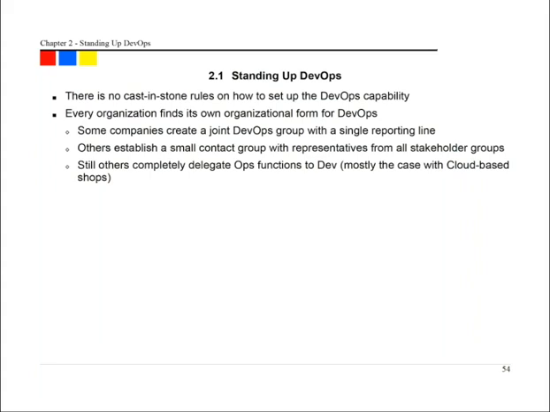And a key part of starting up DevOps practices is to recognize that there is no standard formula for starting up DevOps capabilities inside an organization. Every organization finds its own way of doing DevOps, and the slide talks about that in terms of organizational forms, but it's actually bigger than that.